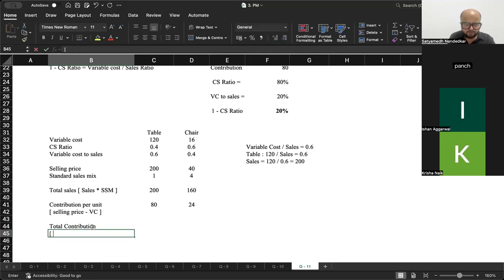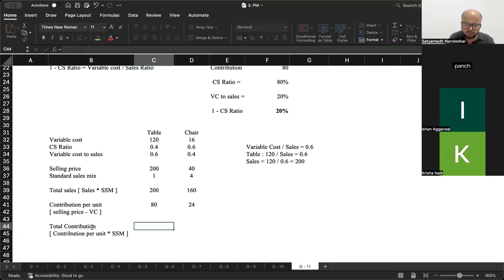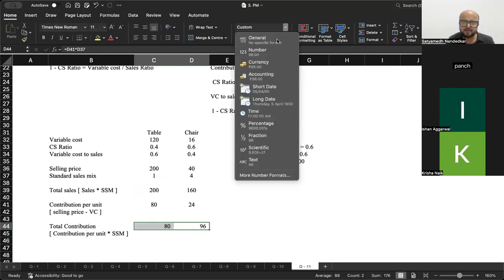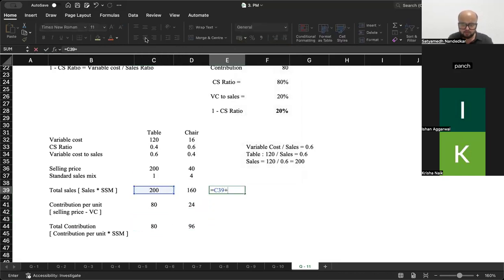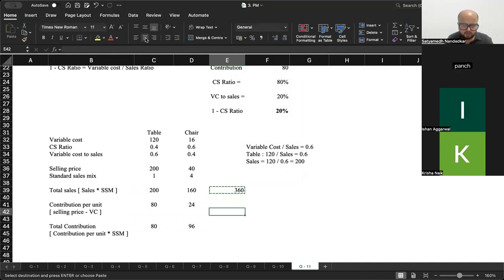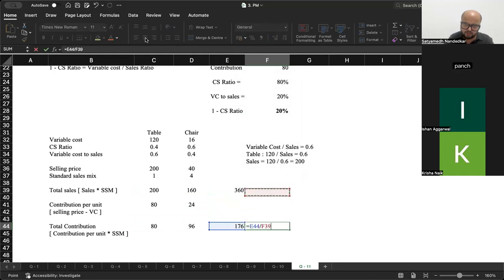It will be contribution per unit into standard sales mix. This 80 into 1 and 24 into 4, that is 96. I need weighted average CS ratio, so I need total of sales, 360, and 176. How much will the weighted average CS ratio be? This much.